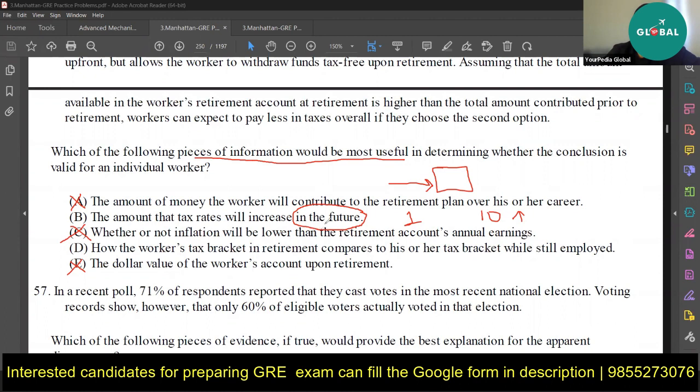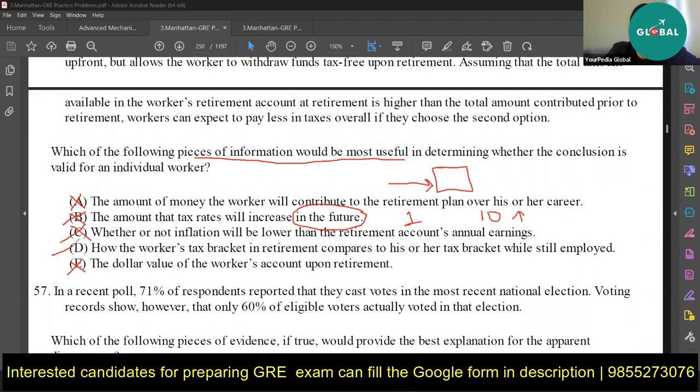If it gave the answer choice the amount that the tax rate will increase during his retirement, then it would be useful information for you. But when it says in the future, we don't know which future, whether first year, second year, or 10th year. So these types of answer choices are always wrong in GRE, but this is a very tricky answer choice. You have to understand why this is wrong.